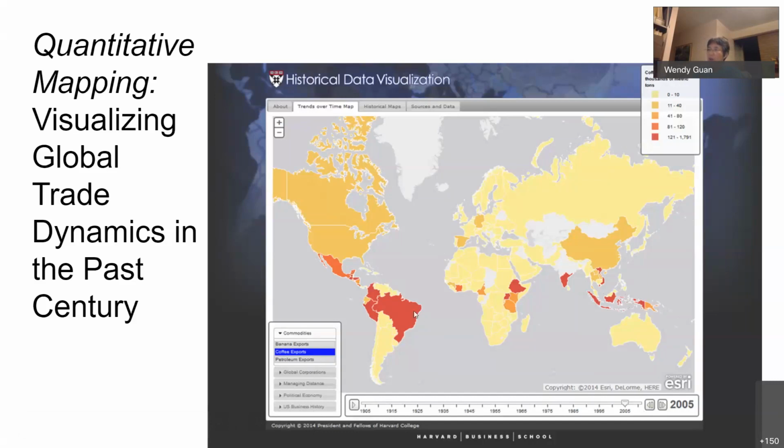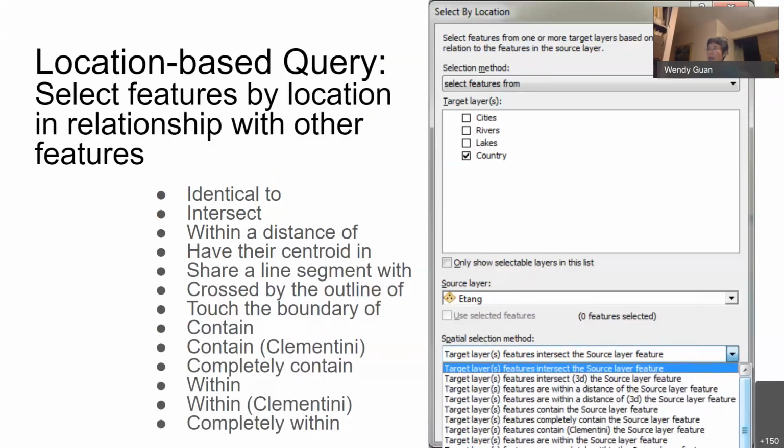And quantitative mapping gives the color shade to allow the countries to be differentiated based on the volume of coffee export at any given year. Right? We've seen that too in a lot of other applications, so it's easy to understand.